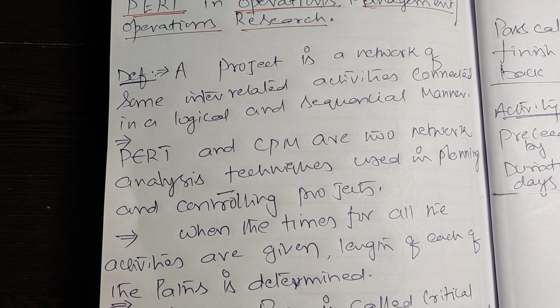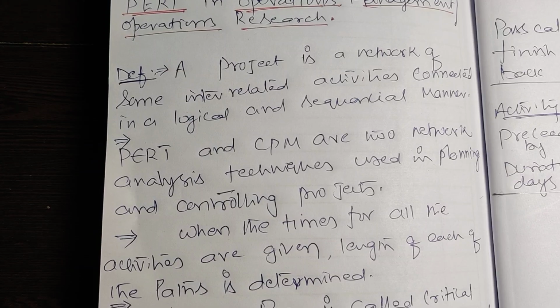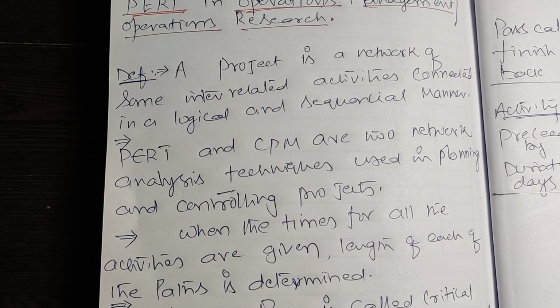What is meant by PERT? Program evaluation review technique. One technique is CPM, which is known as critical path method. The other one is PERT, program evaluation review technique.